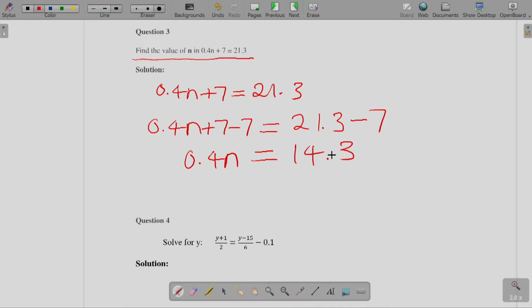The following step is to divide both sides by 0.4 in order to get n.